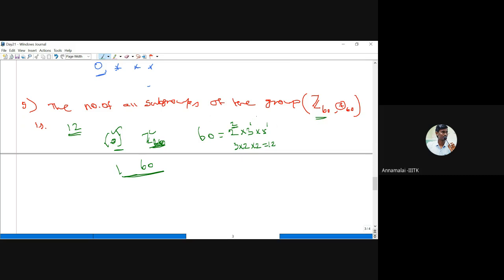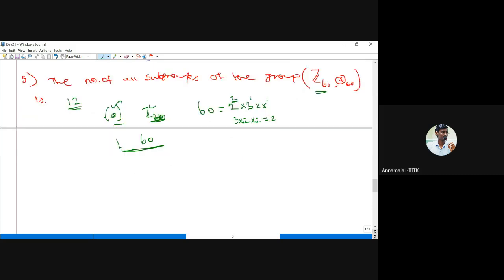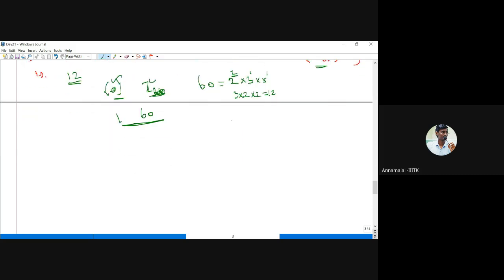So if you take any cyclic group, the number of subgroups of a cyclic group is nothing but the number of divisors of the order of the group. Suppose it is given that G is a cyclic group; the result is true only for cyclic groups, not for all groups.